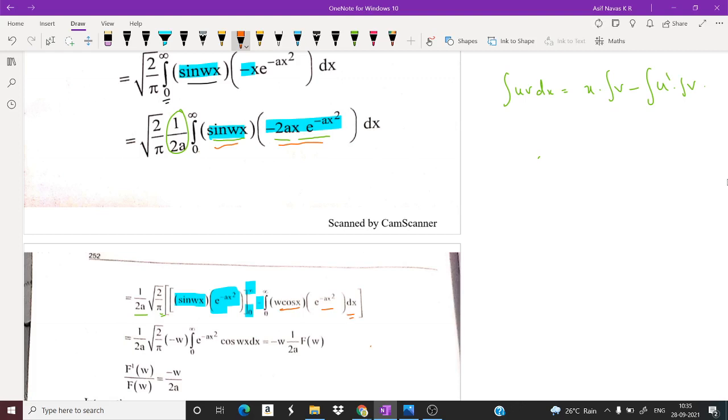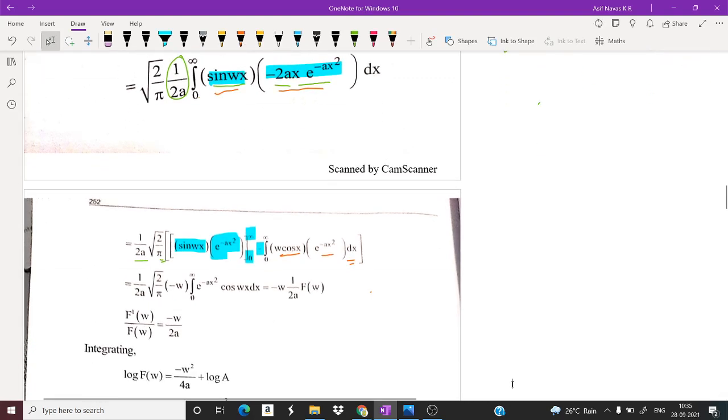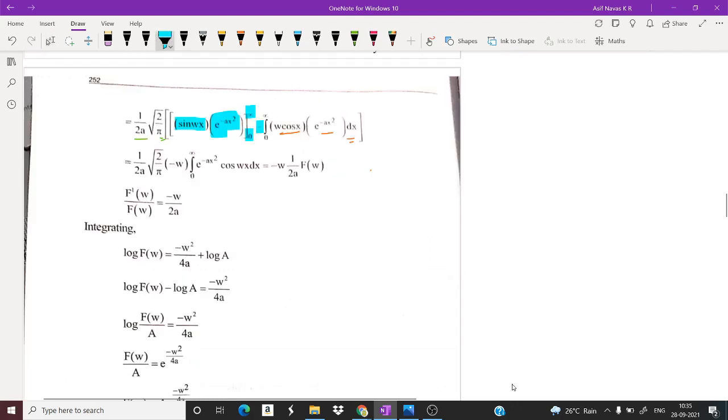Now I am applying the limit, 1 by 2a root 2 by pi.